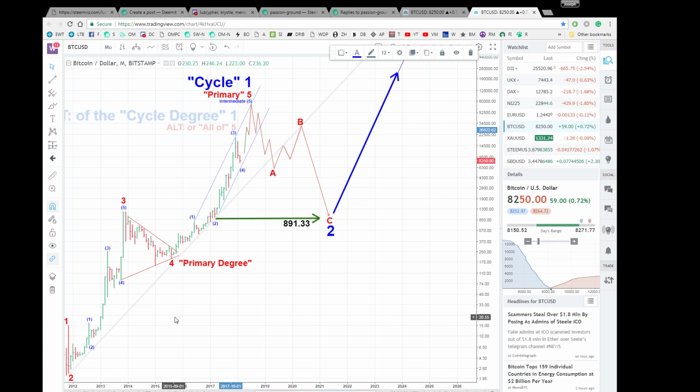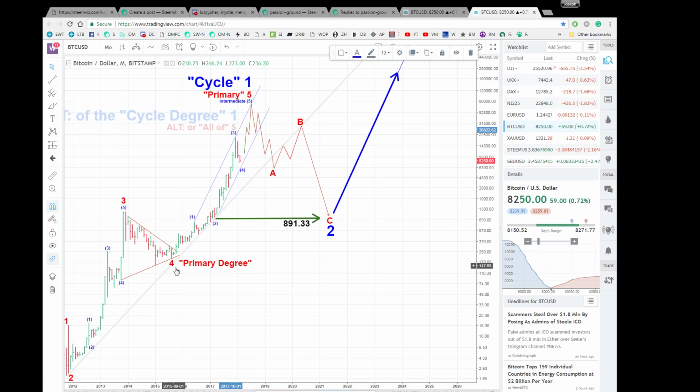Now, the reason why this 891.33 is so important, for numerous reasons, is that when a fifth wave extends, the big decline that encompasses correcting that typically is the fourth wave at one lesser degree.